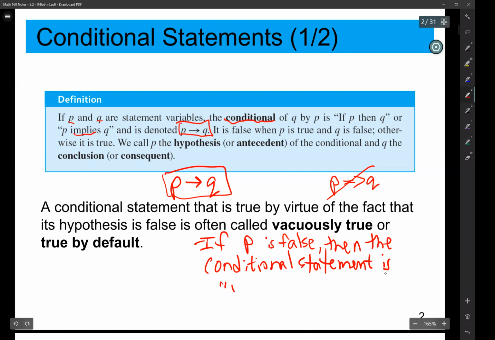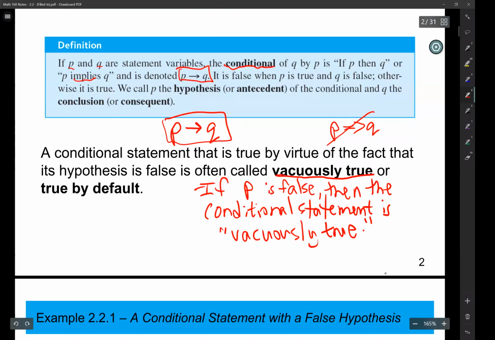This is what's called vacuously true. You don't really hear "true by default." It's more vacuously true.